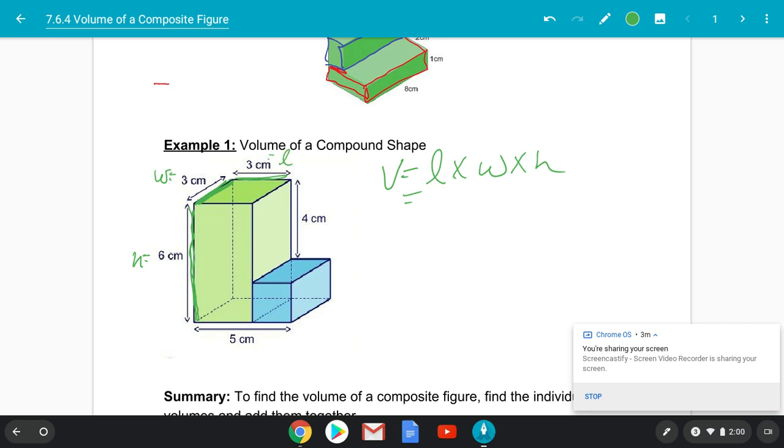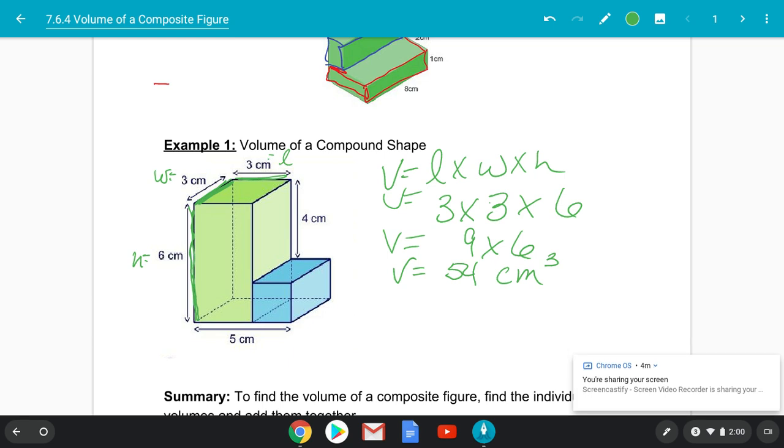Okay. So to find my volume, I'm going to do length times width times height, okay? So to calculate our volume out, 3 times 3 is going to give us 9, and then we're going to do 9 times 6 to get our total volume for the green piece as 54, and this is centimeters, and we're talking about volume, so I'm going to say centimeters cubed.